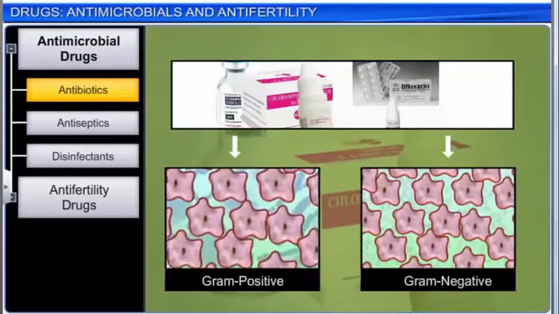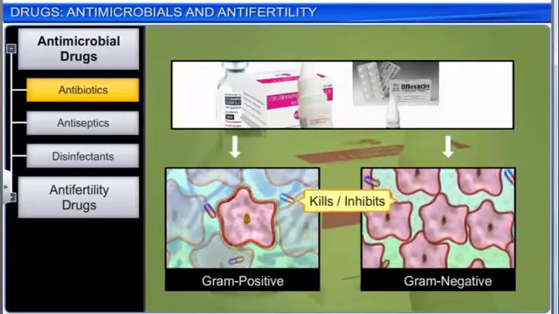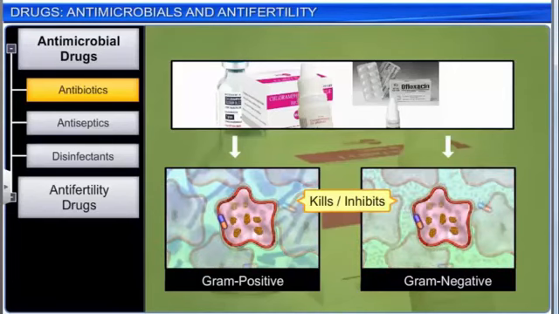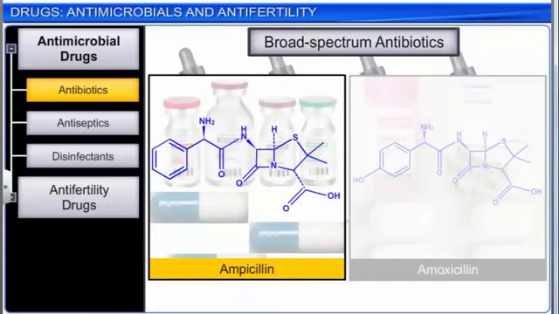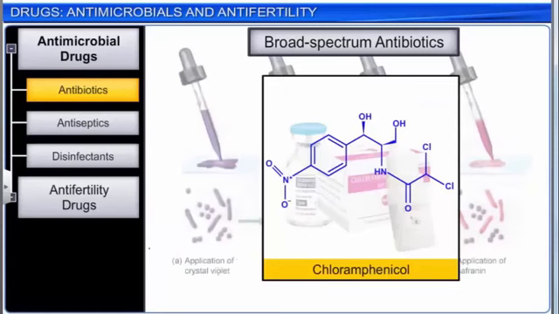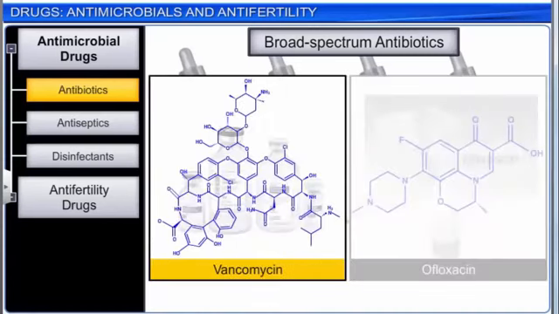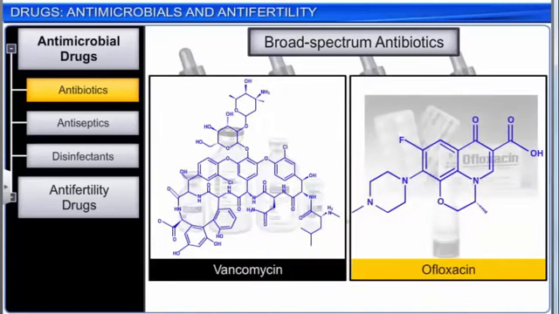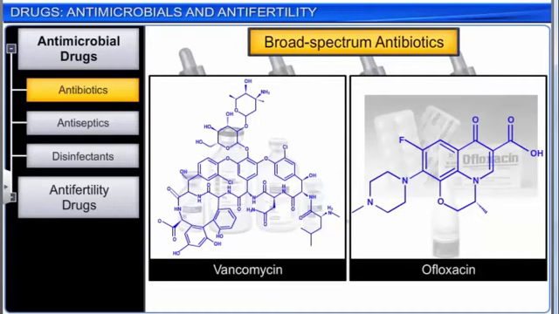Antibiotics that kill or inhibit a wide range of gram-positive and gram-negative bacteria are said to be broad-spectrum antibiotics. Ampicillin, amoxicillin, chloramphenicol, vancomycin and ofloxacin are some such broad-spectrum antibiotics.